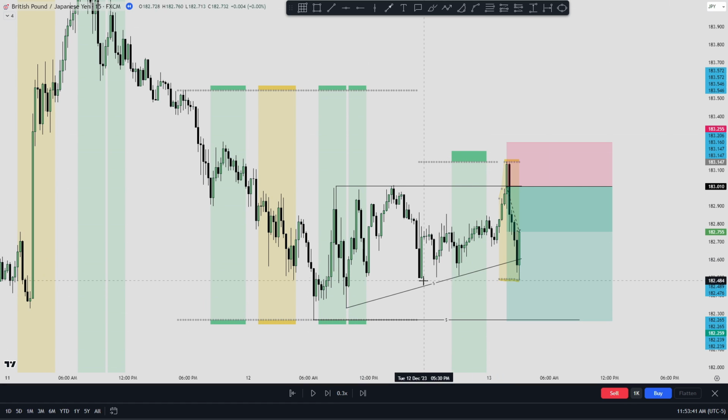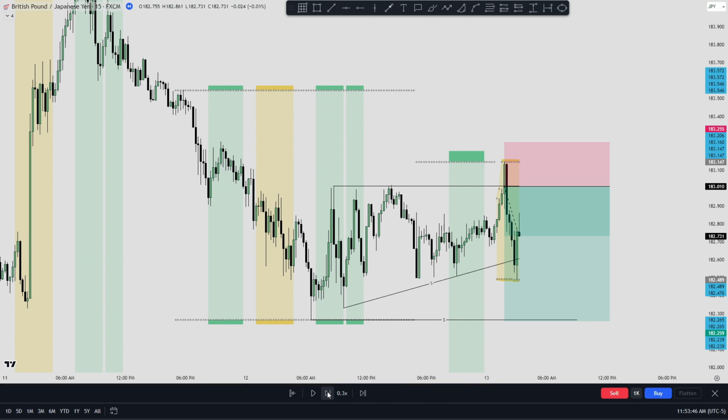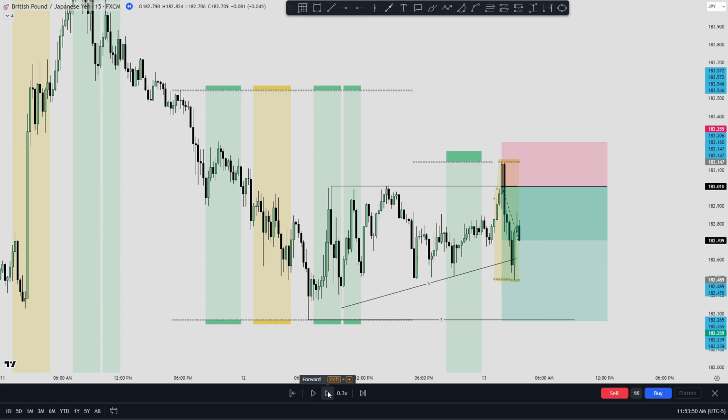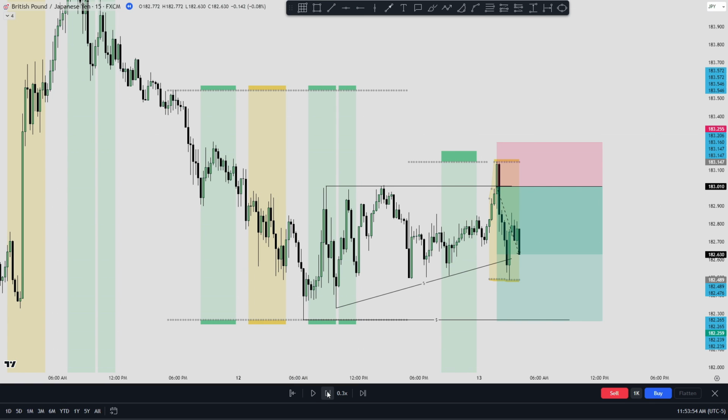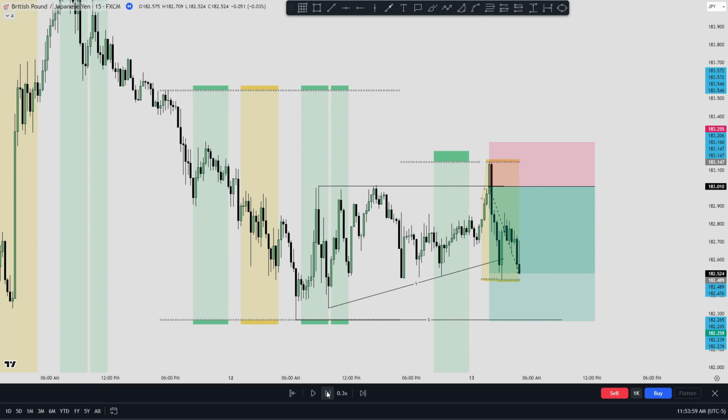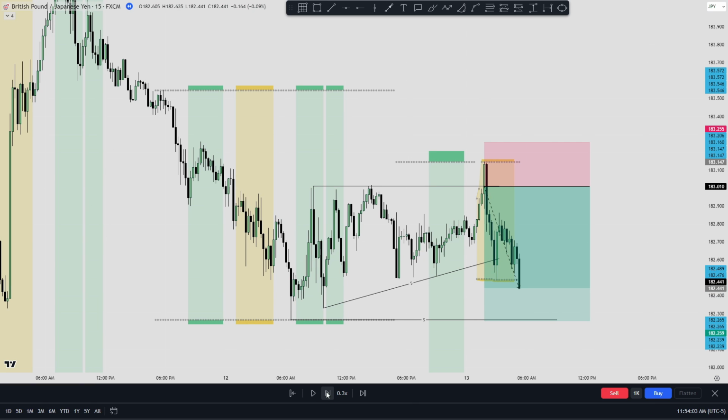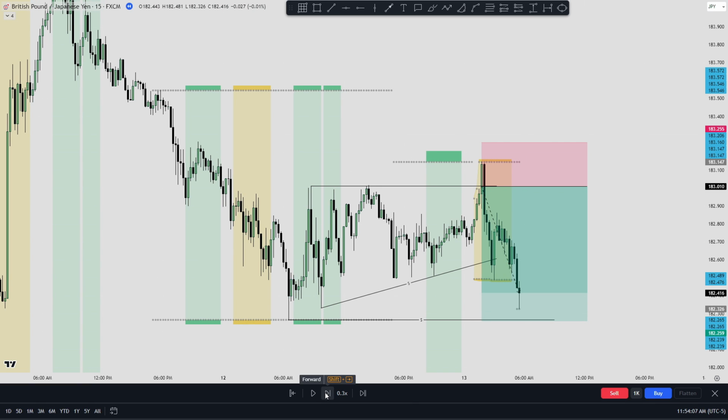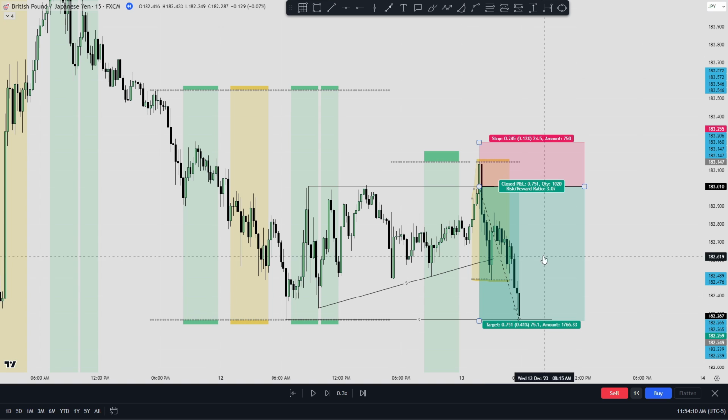Comes down, takes out these liquidity pools down here for the trend line liquidity. And eventually it gets down into our target.